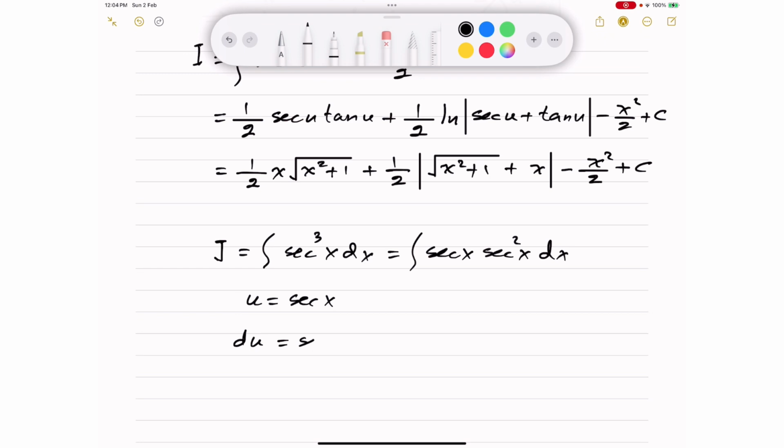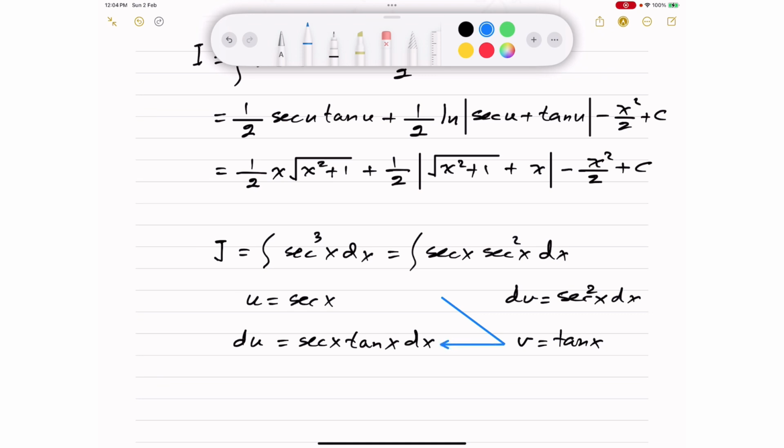So that's going to be secant x tangent of x dx. And we're going to let dv equal secant squared of x dx, and that would let v equal simply tangent of x.